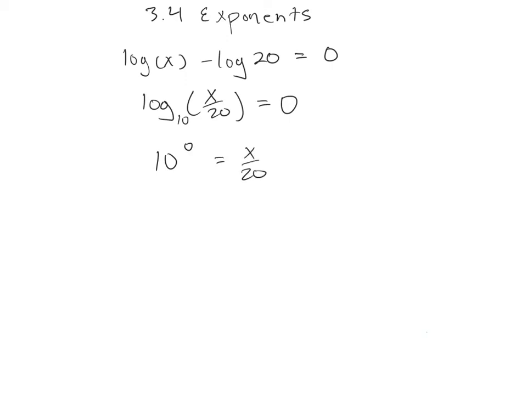We can logic this out really well, because anything to the 0 power is going to be 1. So we can solve this quite simply: multiply both sides by 20. So x must then be 20.